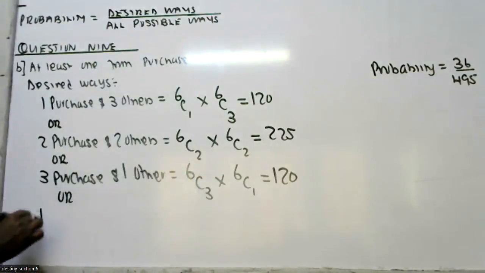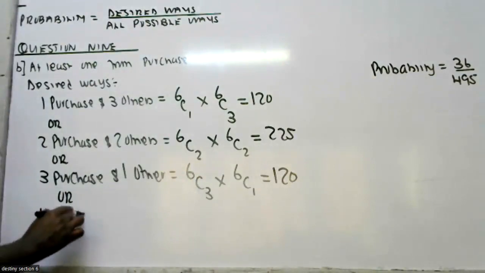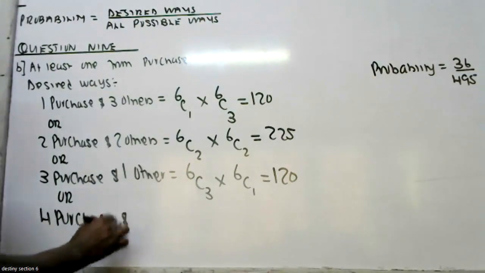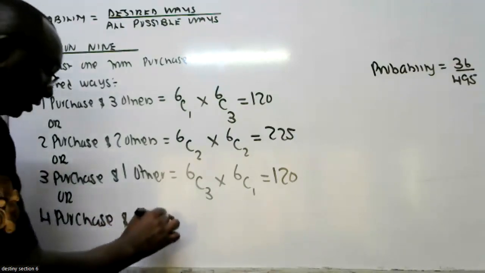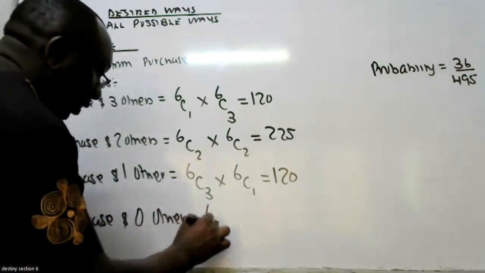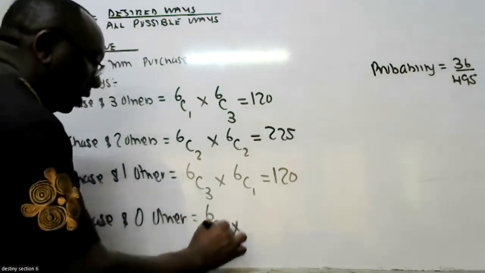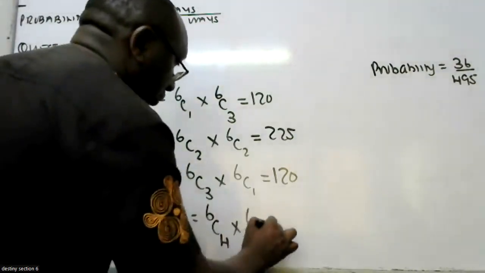Or 4 purchase and 0 other. So 6 choose 4 and 6 choose 0, which is 15.